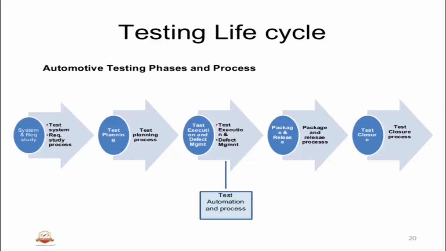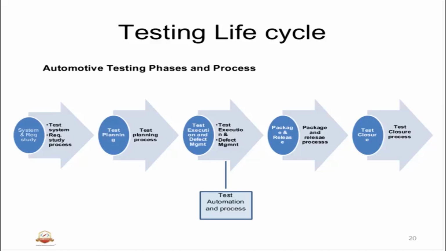As I said in the previous session, the software development life cycle has development as well as testing. This is talking only about the testing life cycle, so do not get confused between the development life cycle and the testing life cycle. It's all part of the integral process of an embedded software system, which has the development cycle as well as the testing life cycle.